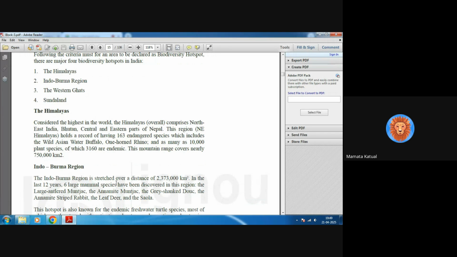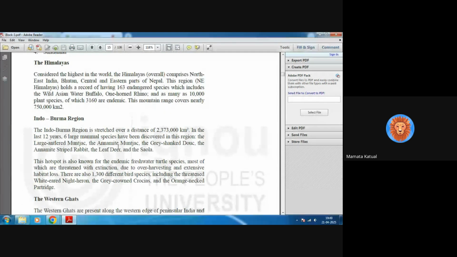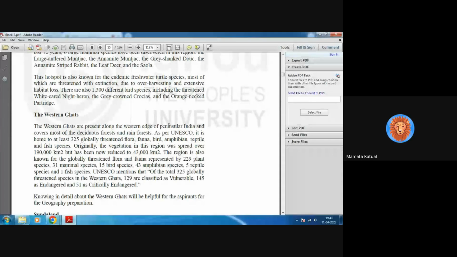Here 3,160 plant species are endemic. Then Indo-Burma, it covers India and also Burma.